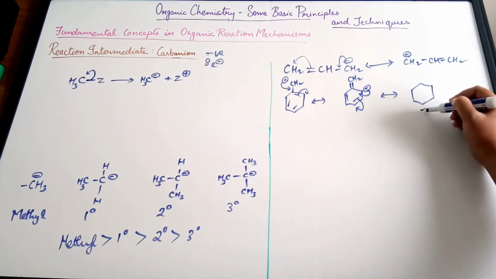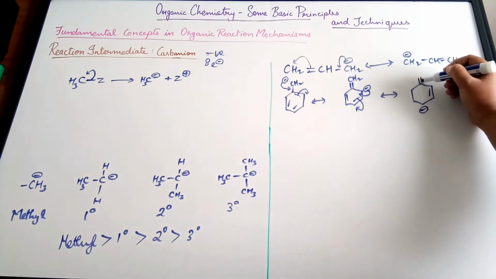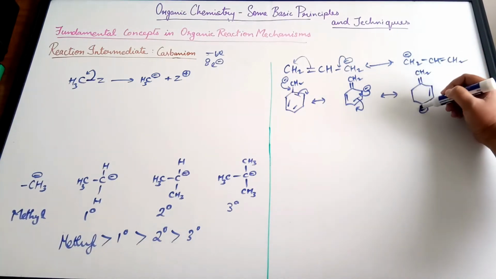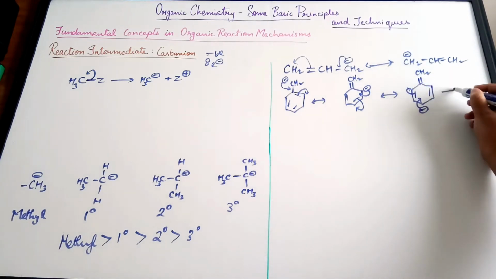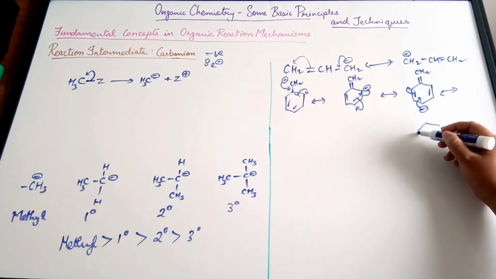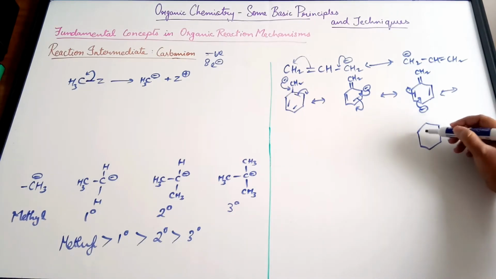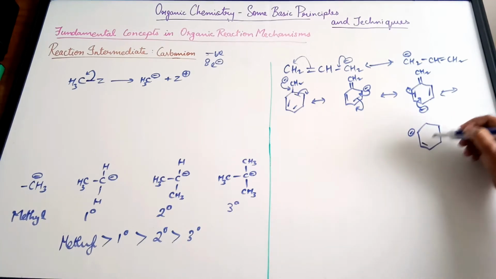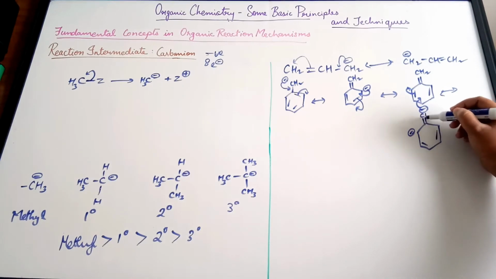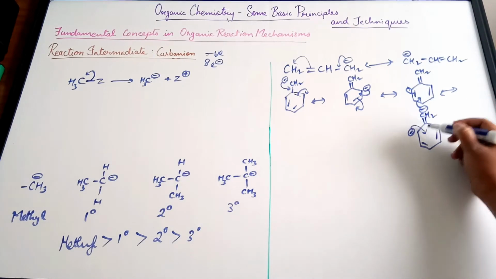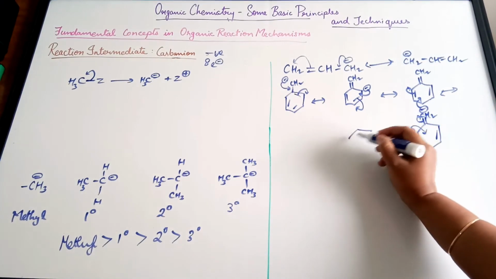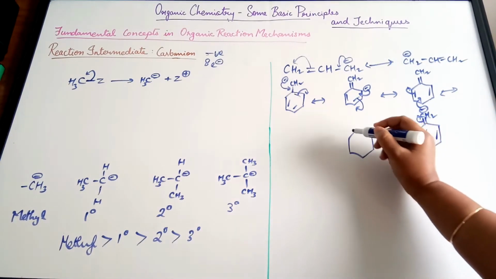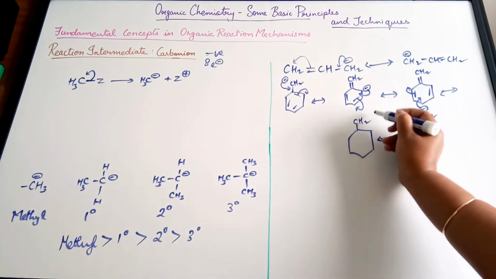So the para position is going to have a negative charge, and that will again shift. Oh, I'm sorry, there's supposed to be the bond here. And so the negative charge goes on to the ortho position. So here you will have a negative charge now, CH2. Obviously this moves in here, this goes there, and so CH2 minus.